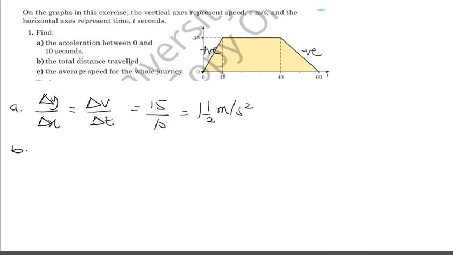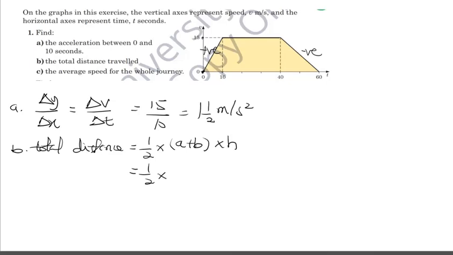Area of a trapezium. So in this case, total distance. Area of a trapezium is given by 1 over 2 times the sum of parallel sides times height. So this will be 1 over 2. Our parallel sides here, we have the distance from here all the way to this point, which is 60.